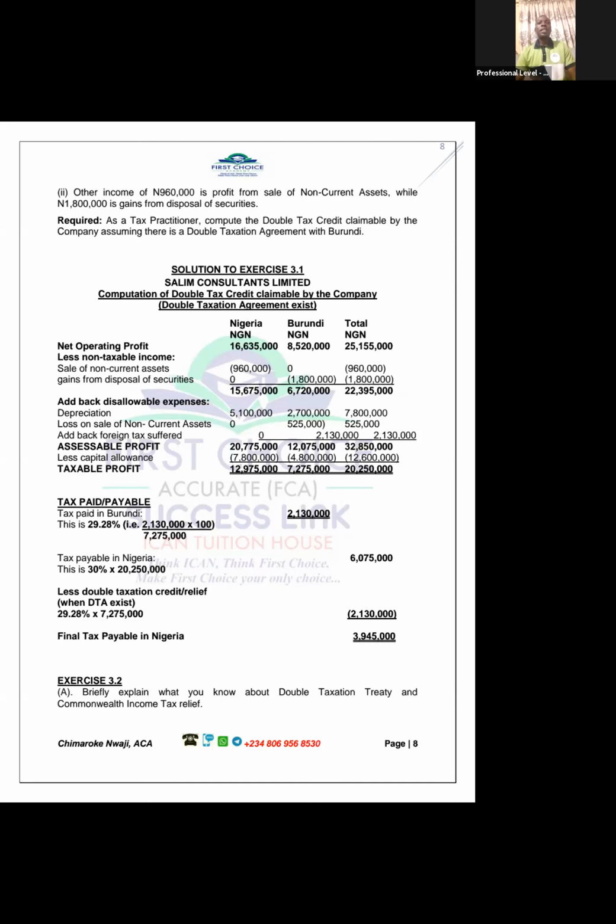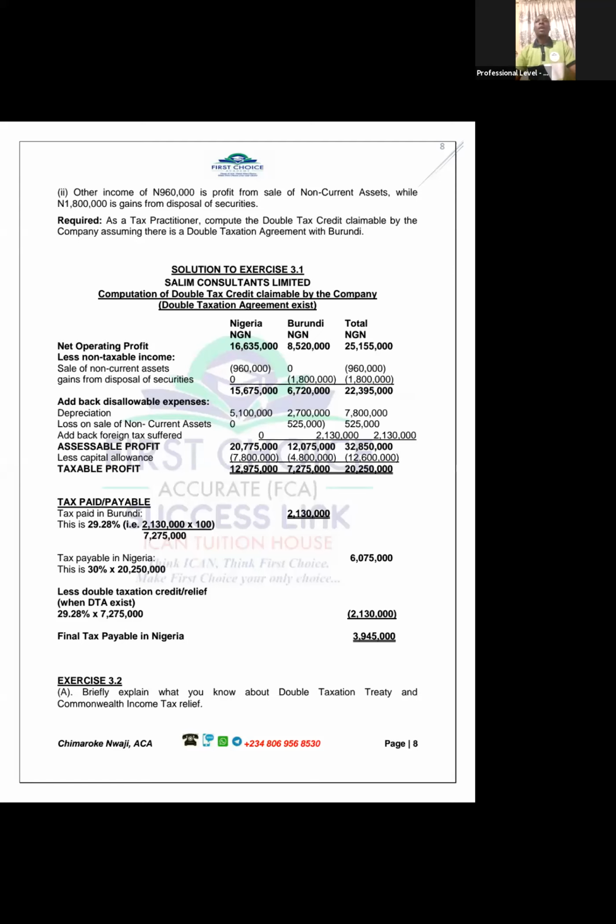In fact, the sale of non-current assets is not an operational result, but a financial result. So this is something that should be in your statement of financial position. It's a financial item, not an operational item.